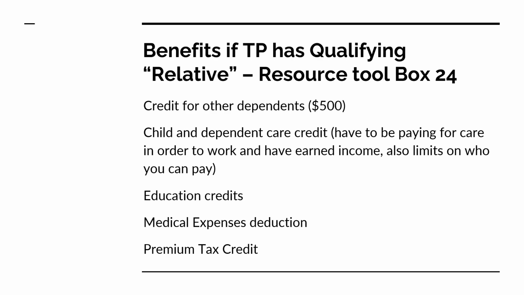And this would include anybody who can be a qualifying relative. So you can get the credit for other dependents, the child and dependent tax credit, the education credits, medical expense deductions, and a premium tax credit, which is against the medical premiums.